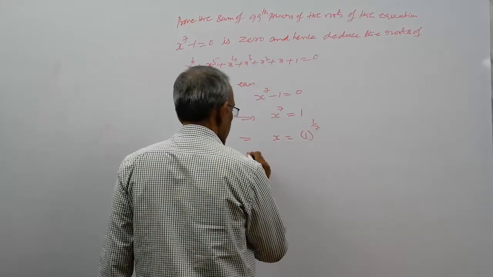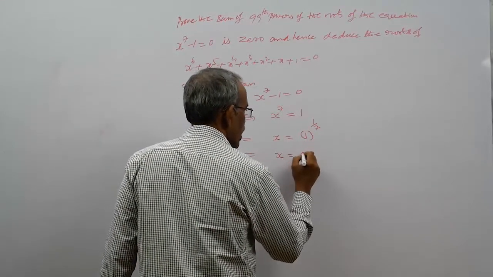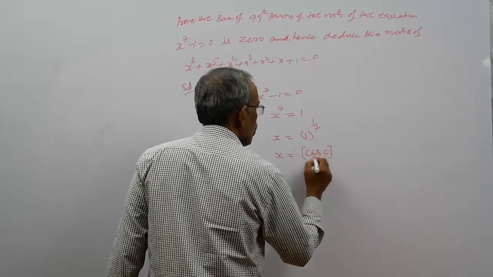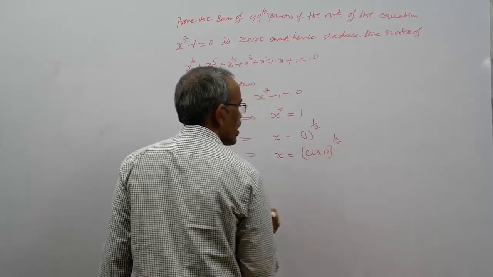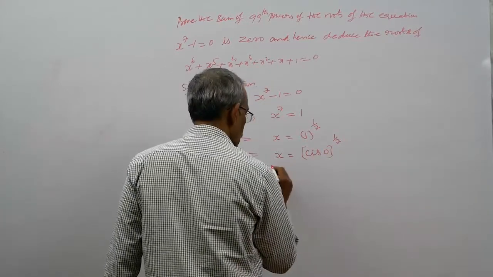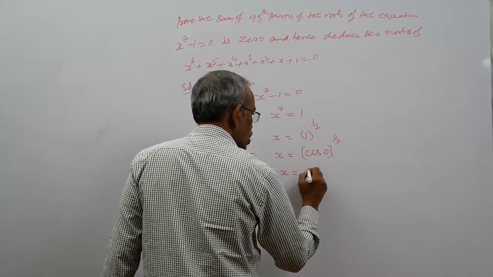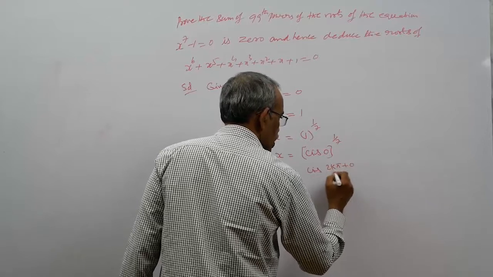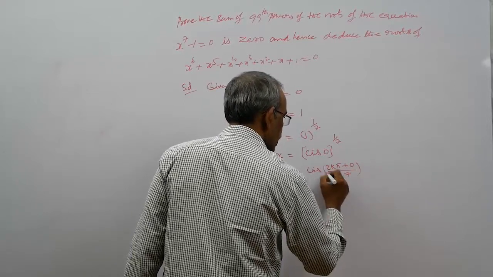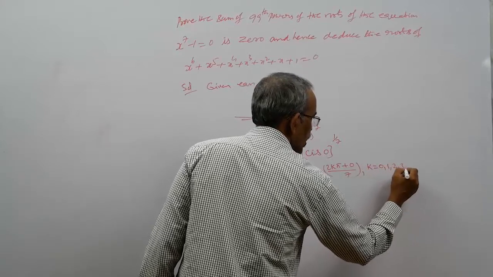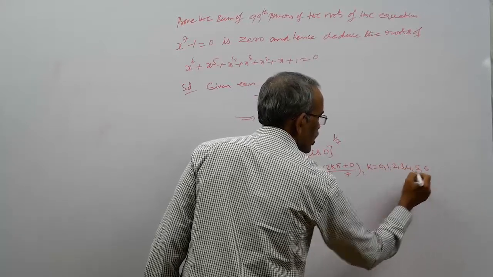This is equal to cis 0 whole to the power of 1 by 7. To write all the values, we have to write cis of 2k pi plus 0 by 7, where k equal to 0, 1, 2, 3, 4, 5, 6.